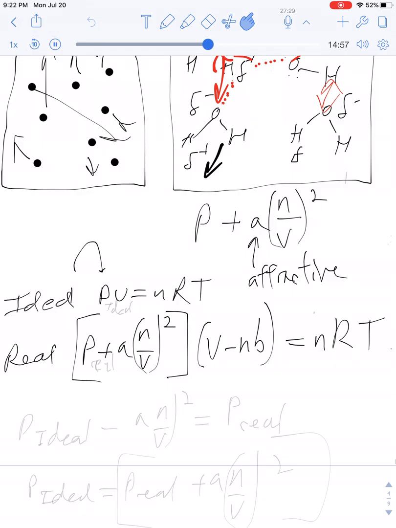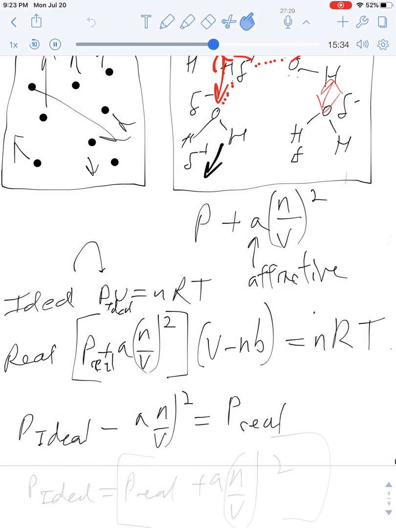Likewise, this pressure here is not correct. It's too big. So I'm going to call this P ideal. This is P real. So P ideal minus A over V squared would actually equal the real pressure, right?